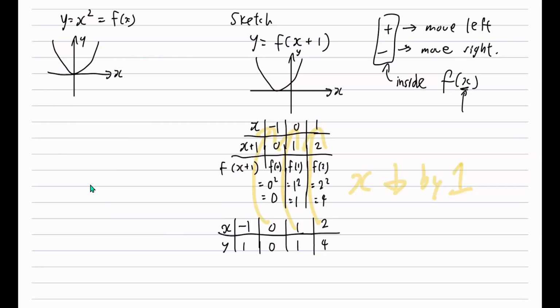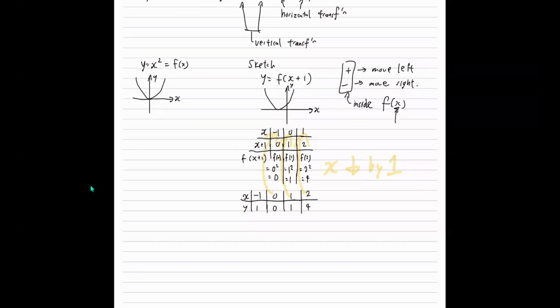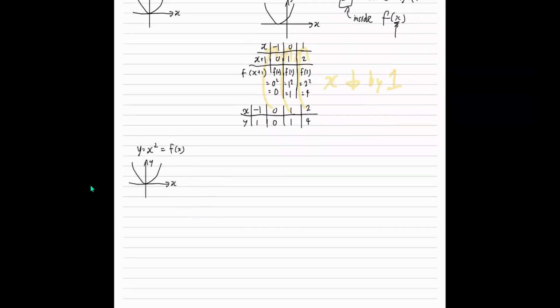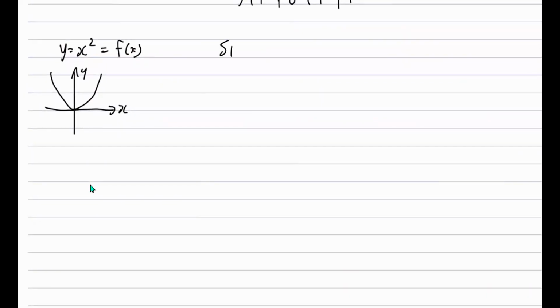Okay, so now let's try something else, when the plus 1 is outside. This time it's y equals x squared, f of x, but now I want you to sketch y equals f of x, but plus 1. As compared to the previous one, this is not the same as f of x plus 1.